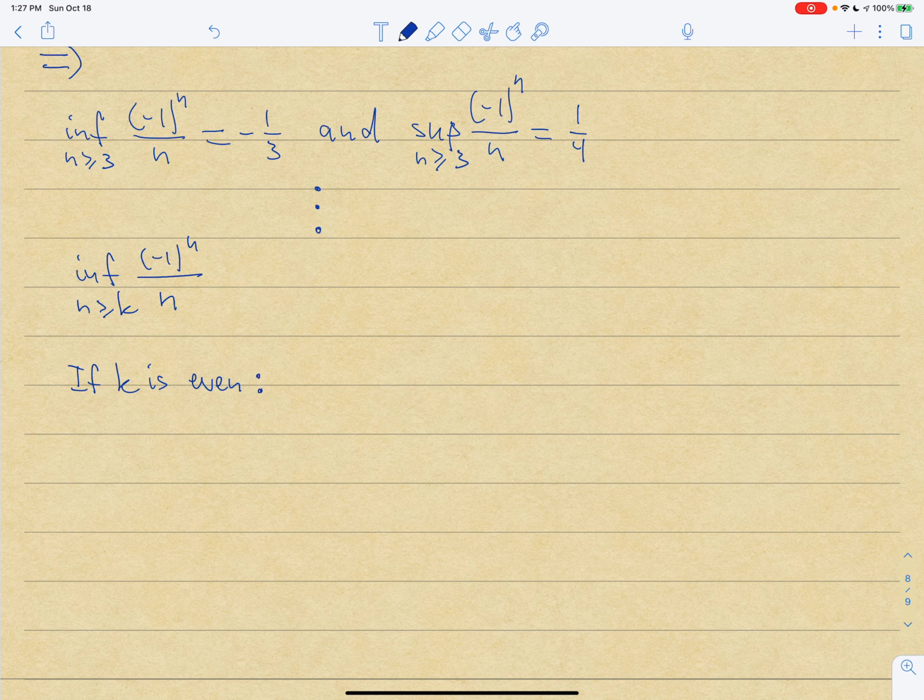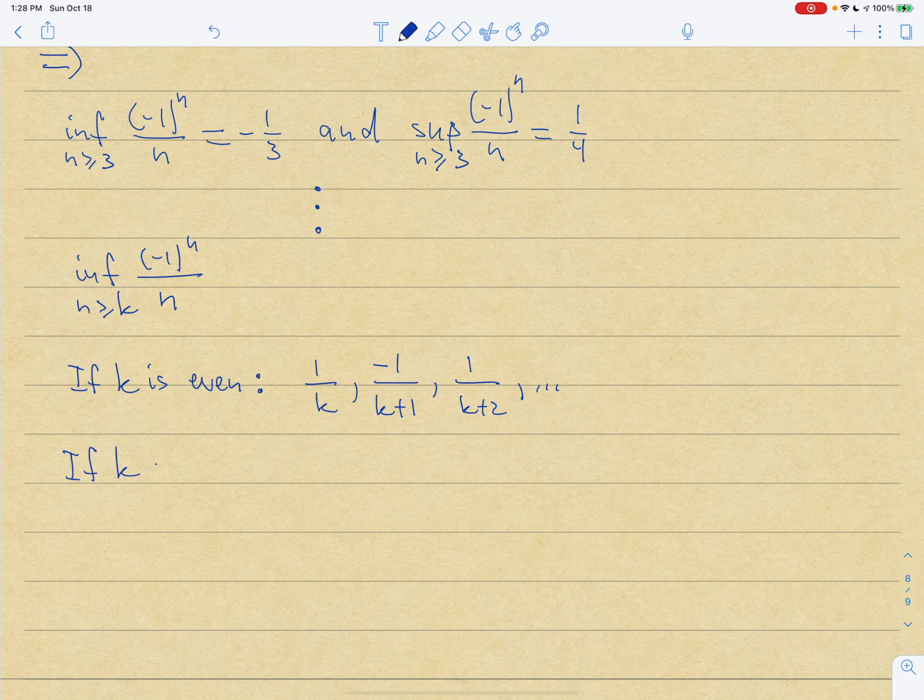So I'll see 1 over k, 1, -1 over k plus 1, right? Because if k is odd, -1 to the k plus 1 is -1. Then 1 over k plus 2, etc.